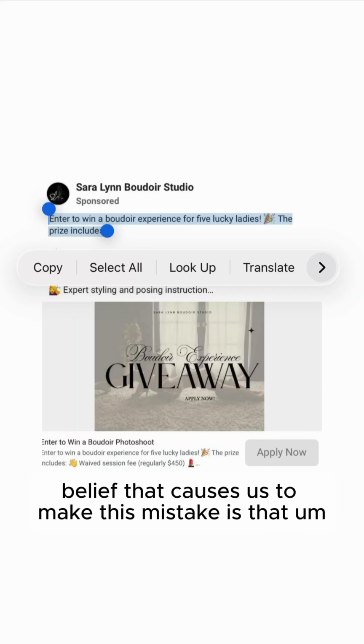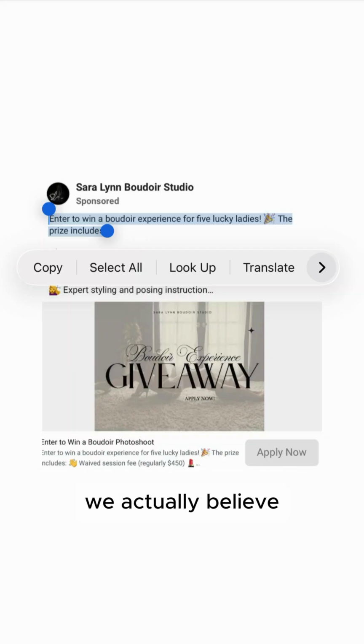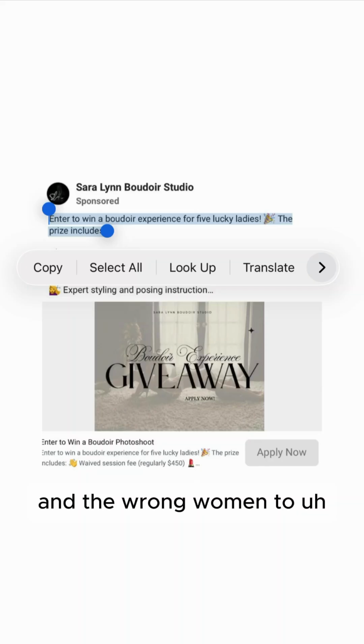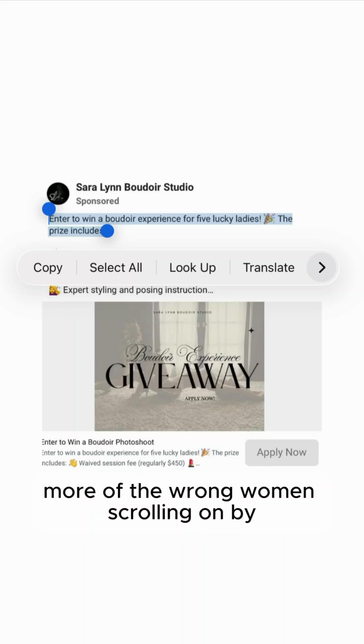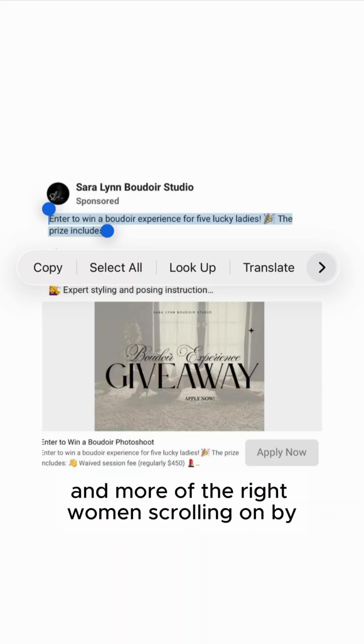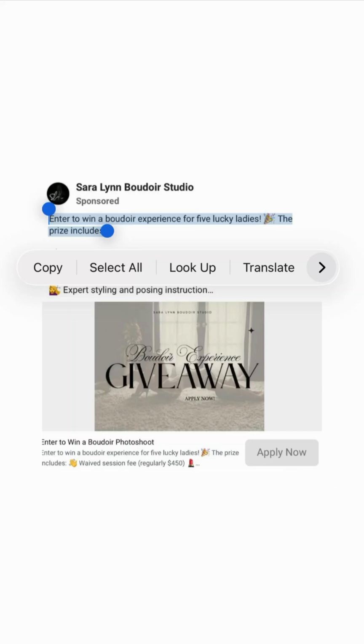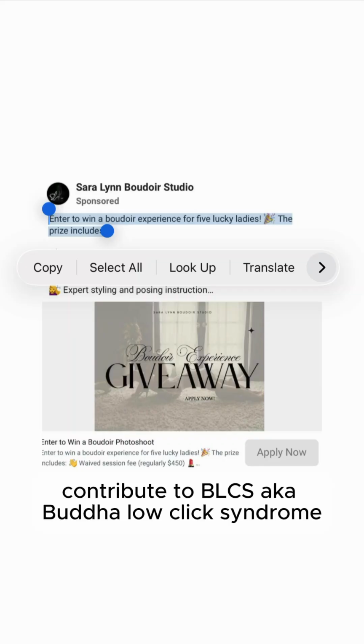The false belief that caused us to make this mistake is that we believe we're providing enough context for the right women to click in and the wrong women to scroll on by. But actually, we're going to get more of the wrong women scrolling on by and more of the right women scrolling on by. So it's going to pull our unique CTR all under 6%, and it's going to contribute to BLCS, aka boudoir low click syndrome.